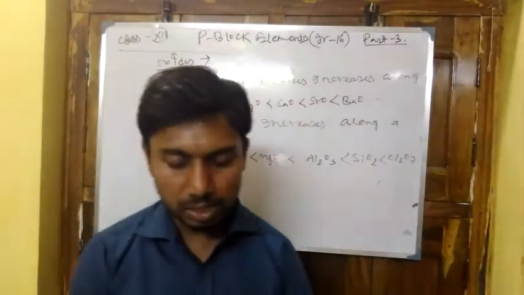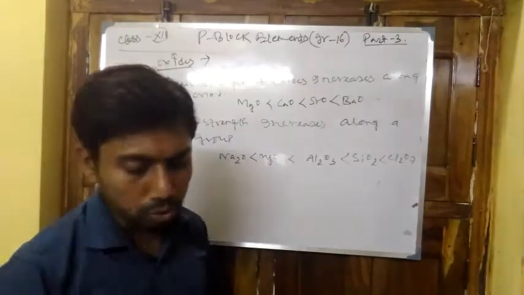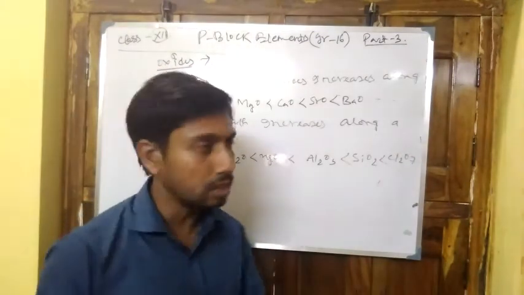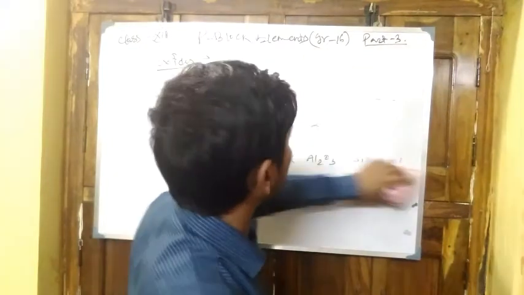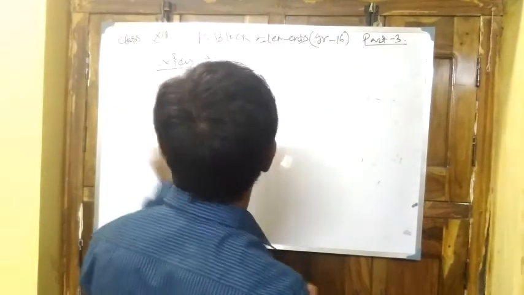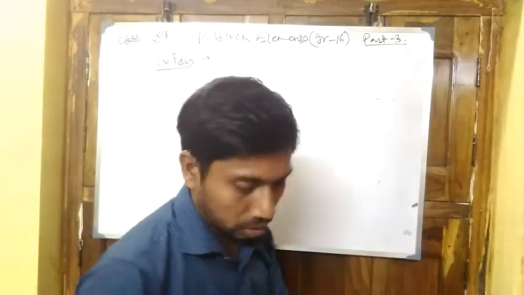Now next, ozone. Ozone has the molecular formula O3, and it is a form of oxygen.